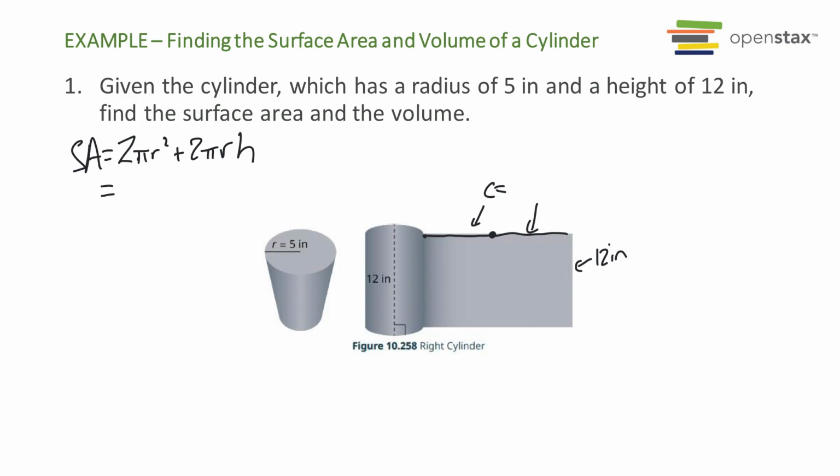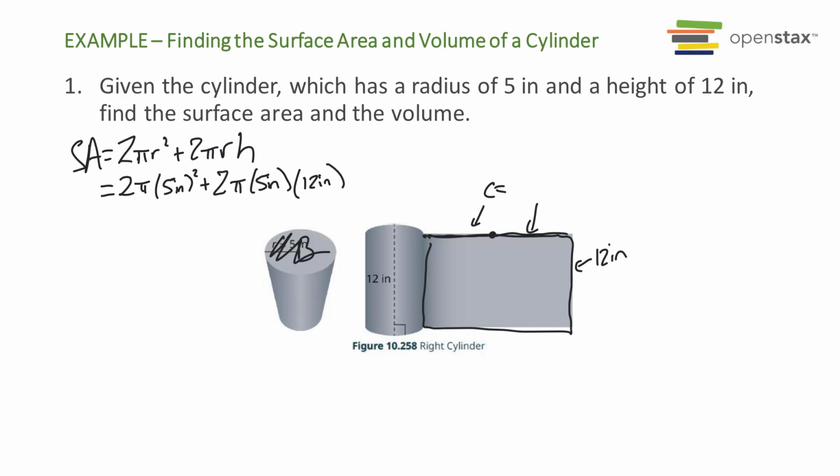In this case, it's really just easy to remember that, but you can dissect it. We've got the two circles here. So that's going to be 2 pi times 5 inches squared. That's going to take care of the two big B's. And then the rectangle, from unraveling it, that's going to be 2 pi times the radius, which is 5 inches, times the height, which is 12 inches.